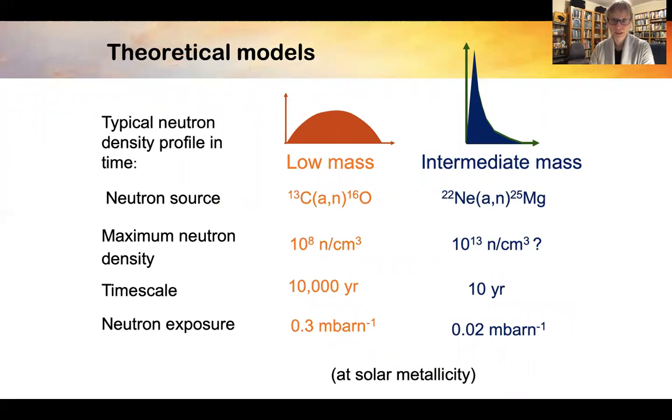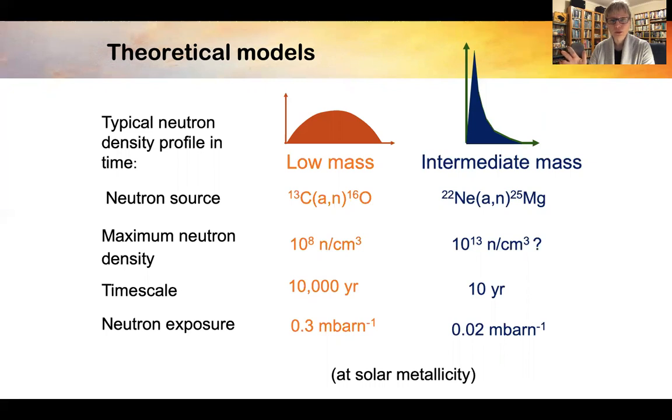Low mass AGB stars mostly produce neutrons through carbon-13 (alpha,n). This takes place during the radiative intershell period of the star's AGB life. The maximum neutron density is on the order of 10^8 neutrons per cubic centimetre. Neutrons are released slowly, over a really long time, maybe 10,000 years.